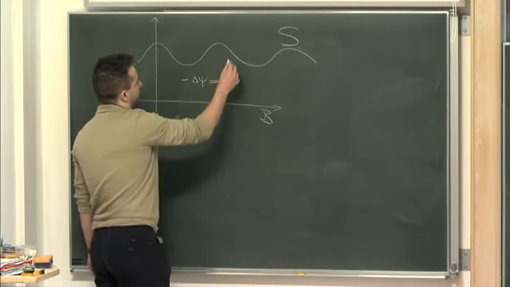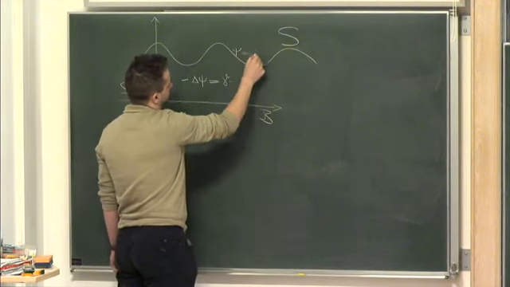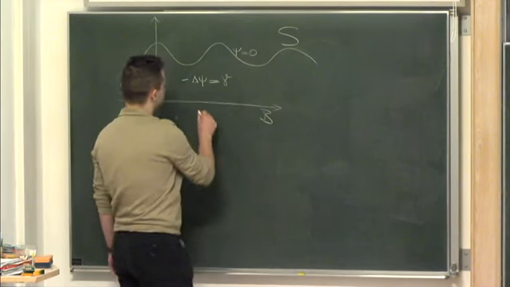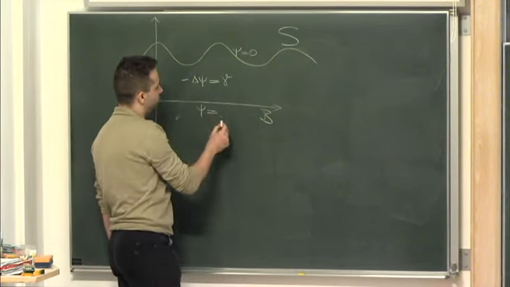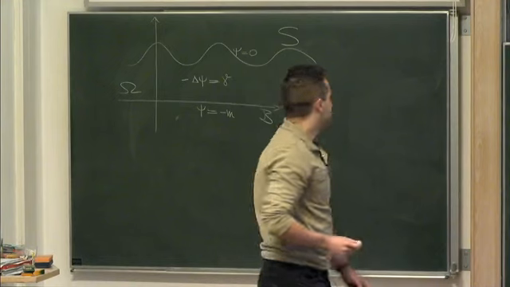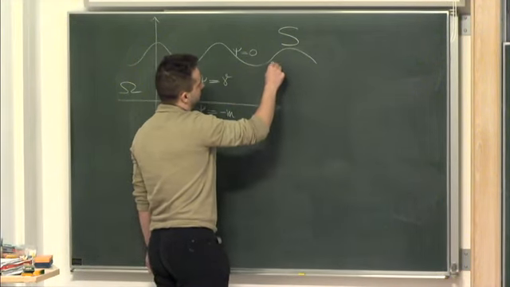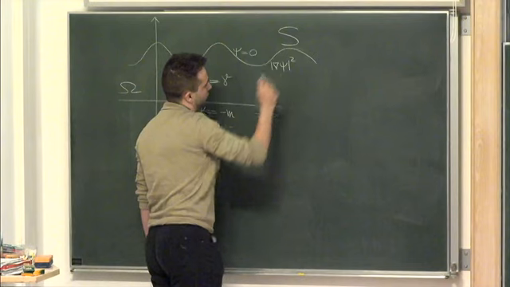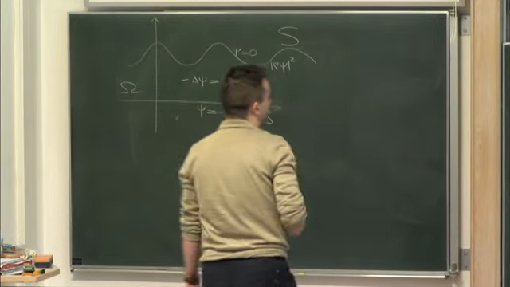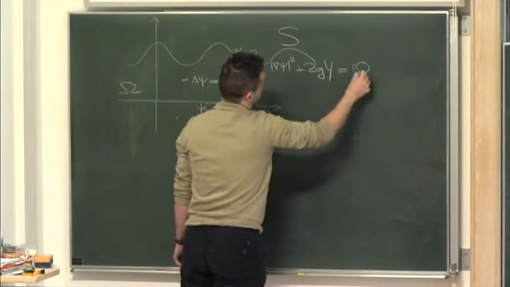The function satisfies constant Dirichlet boundary conditions, so both on the free boundary, where it is assumed to be 0, and on the fixed boundary, where it takes some other constant value, which I will denote by minus m, and in addition on this curve S, it also has to satisfy a nonlinear boundary condition, gradient psi squared plus 2gy equals q.